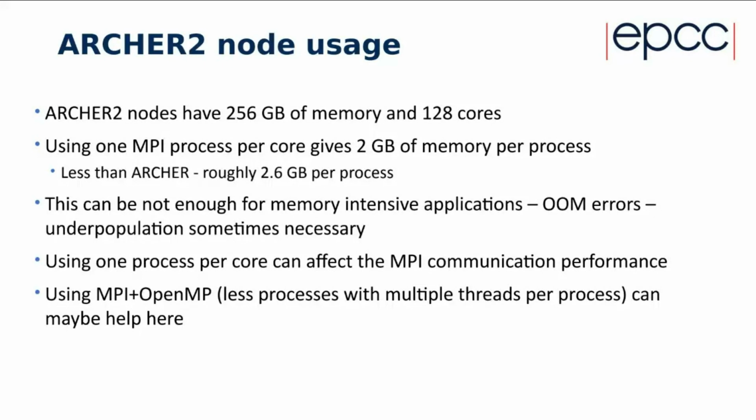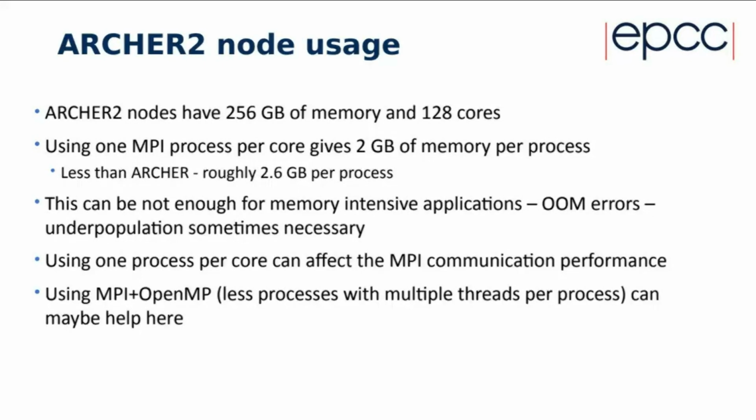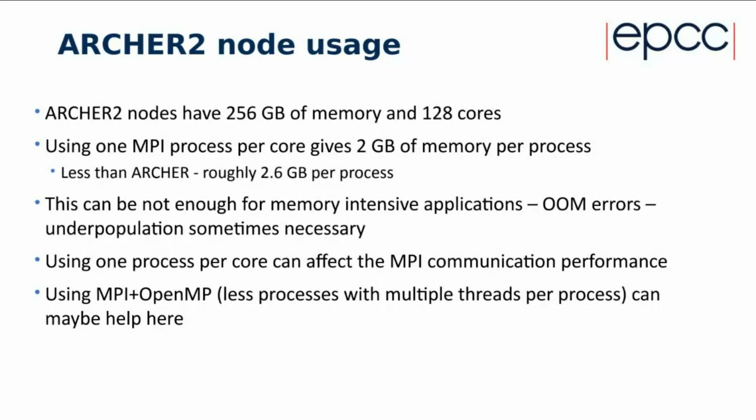But this amount of memory per process can actually not be enough for some memory-intensive applications. What we've seen is lots of applications can get out of memory errors. As a solution to this, we suggest underpopulation, so using fewer processes than the number of cores. Typically you'll use 64 processes per node and then get double the memory per process.